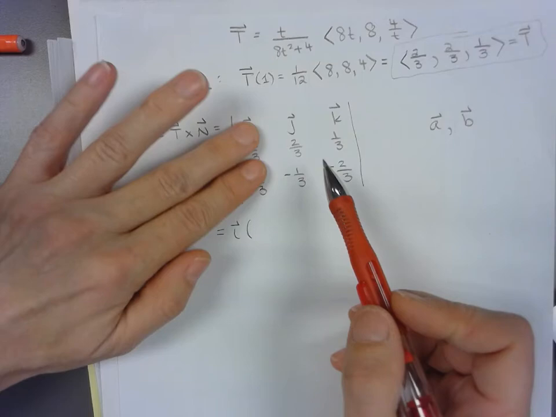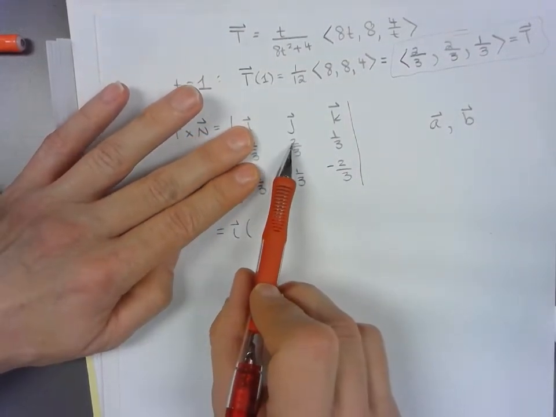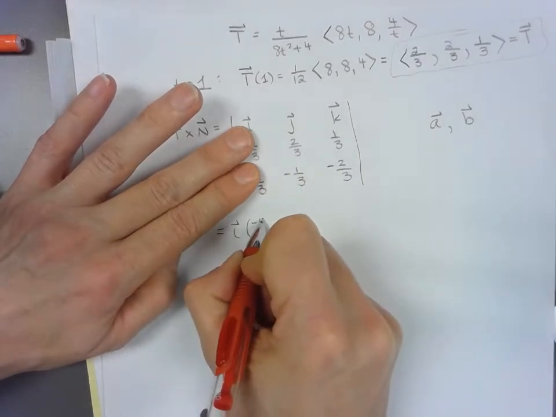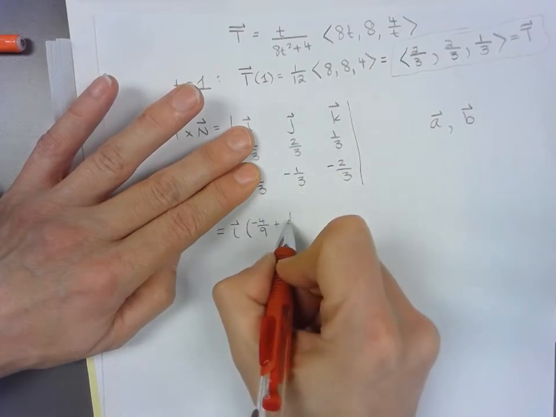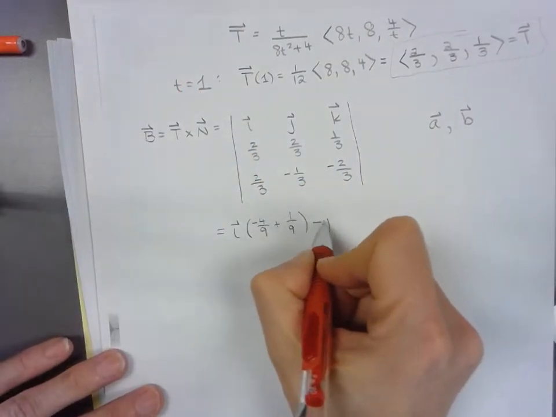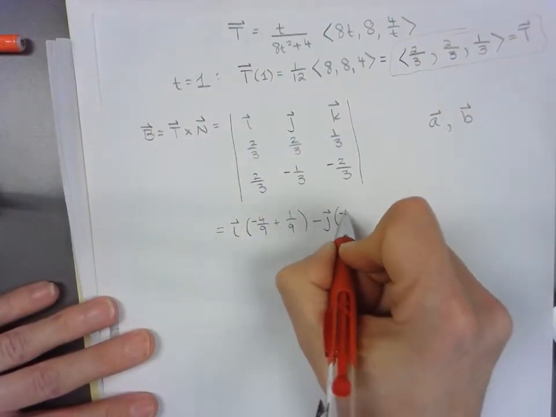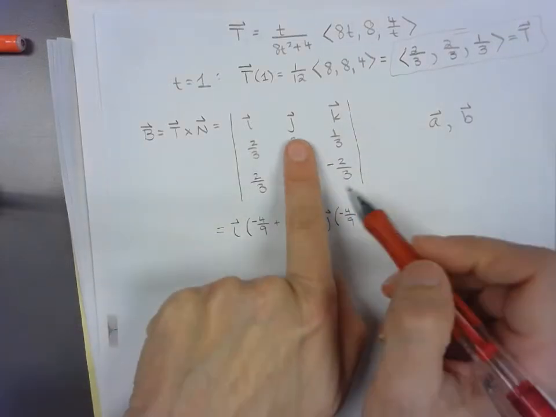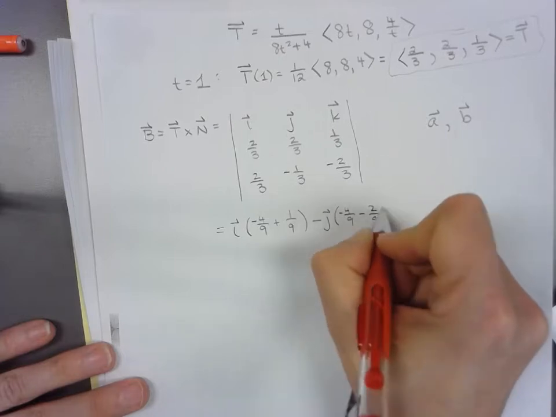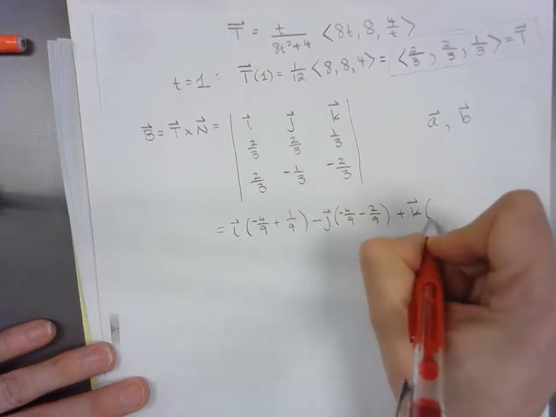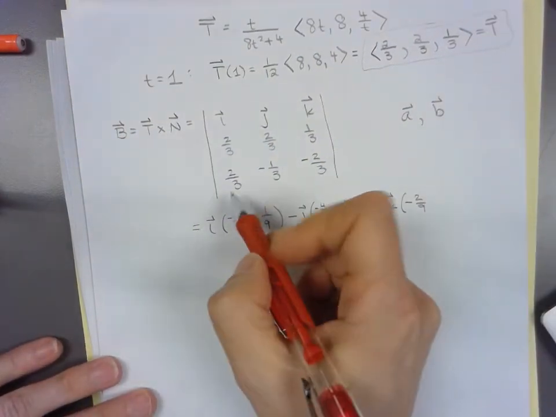Okay. So going down to 20? Yeah. So I is negative 4/9 minus negative, so plus 1/9, minus J, negative 4/9 minus 2/9, plus K, negative 2/9 minus 4/9.